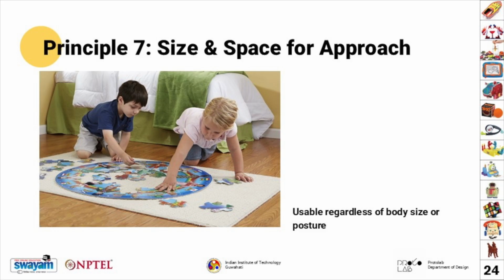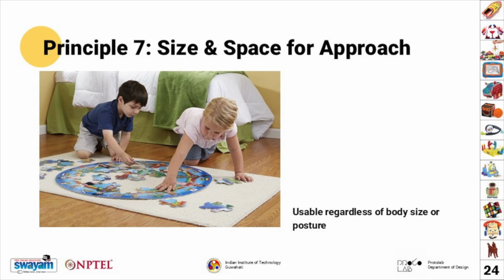This principle accommodates varied user needs, including seated or standing users and those with assistive devices. One should ensure a clear line of sight, comfortable reach, accommodation of variations such as grip size, and adequate space for the use of assistive devices or personal assistance.